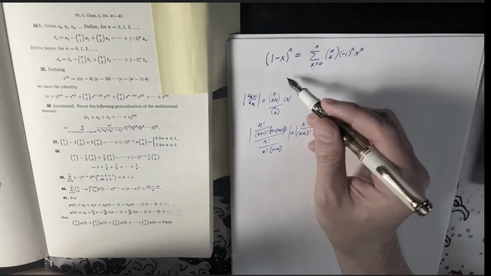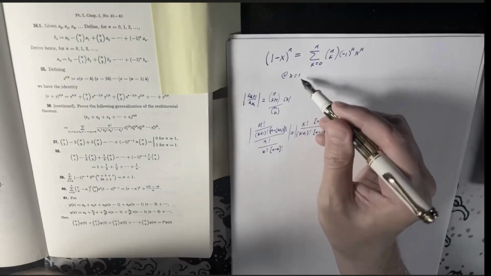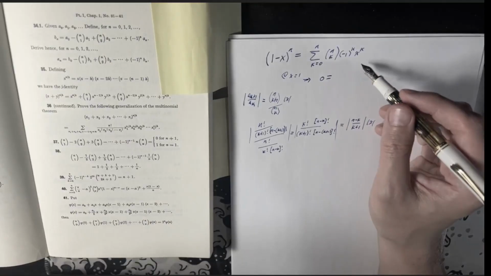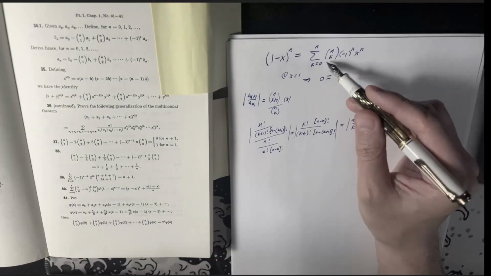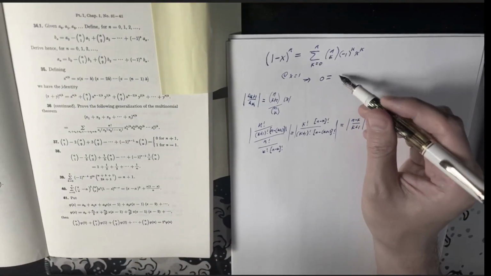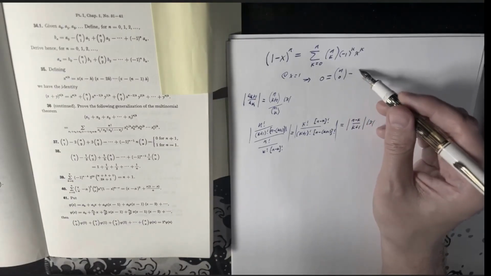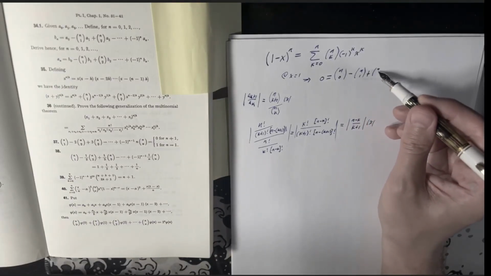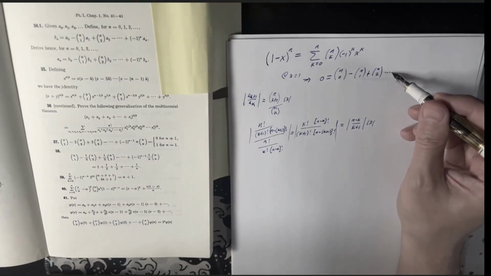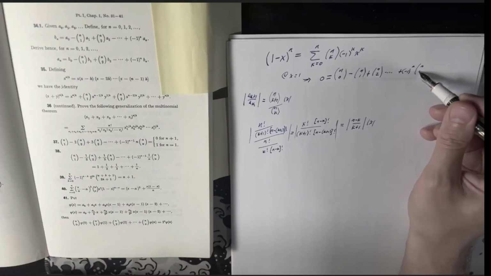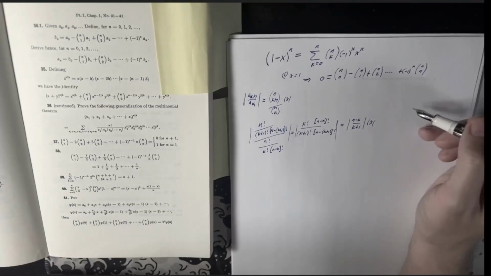Anyway, at 1, we're getting 0 is this alternating business, you know, like n choose 0 minus n choose 1 plus n choose 2, and so on.